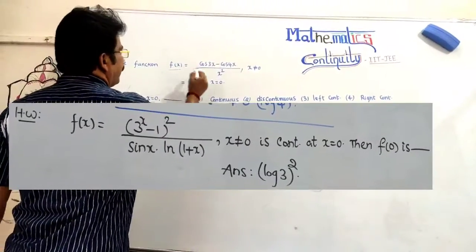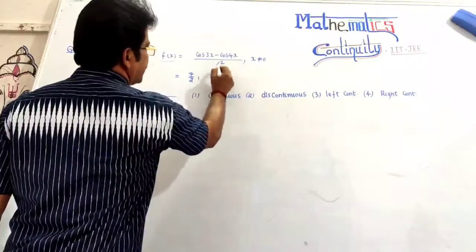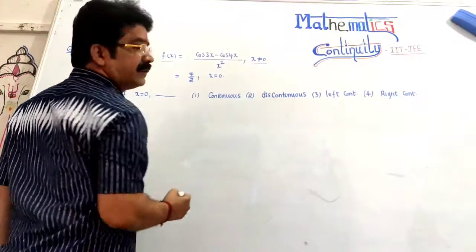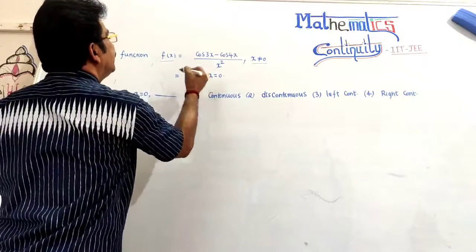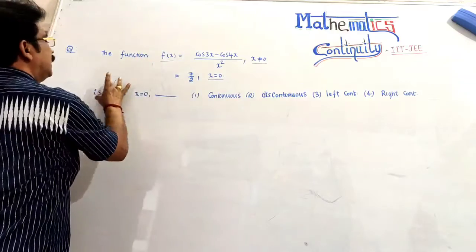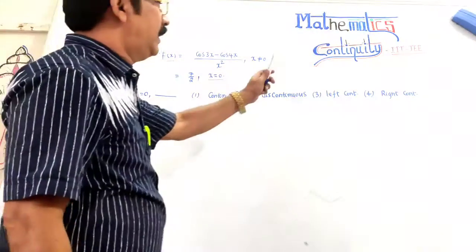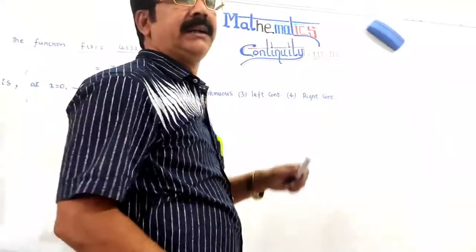The function f of x is defined as cos 3x minus cos 4x divided by x square for x not equal to 0, and it is 7 by 2 for x equal to 0. At x equal to 0, is it continuous or discontinuous, or left continuous or right continuous?